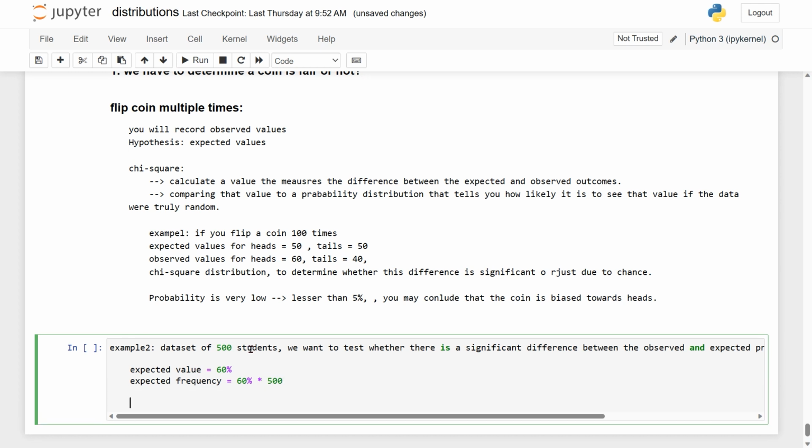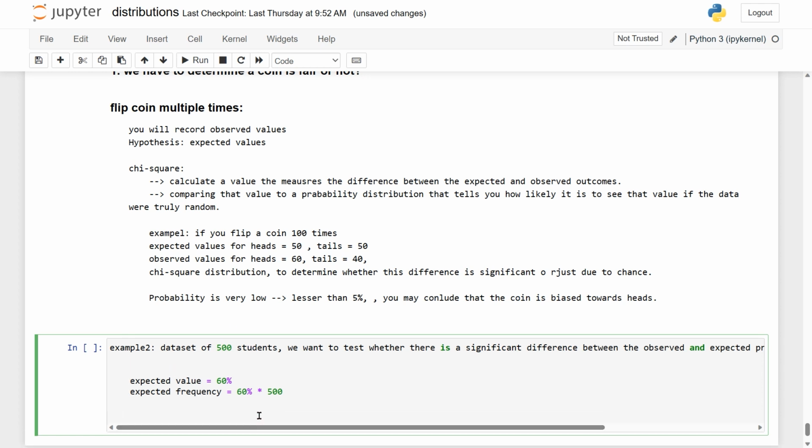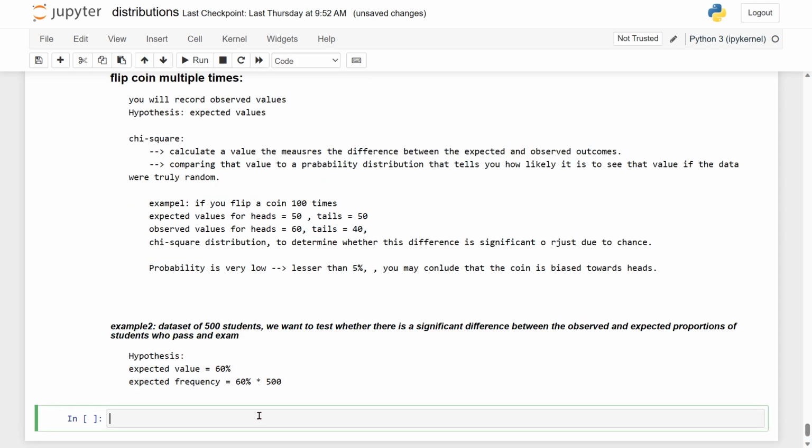To test this hypothesis, let me write it down here simply. So I expect that 60 percent of students will pass. Let's see what's going to happen.